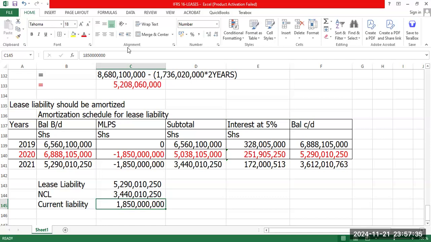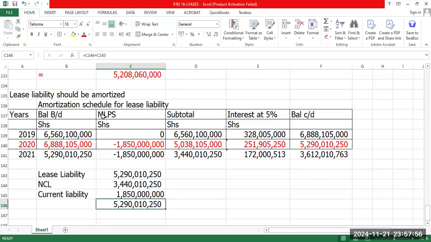Solomon, is it clear? When you add that non-current liability and liabilities, does it mean that it should give you the lease liability? Yes. If you get this plus this, it should give you the lease liability. Okay.